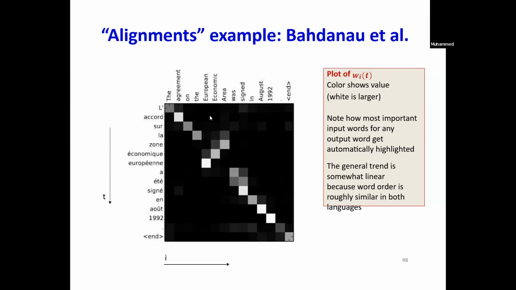It is mostly linear because the order of the words in the two sentences from the two languages is mostly relative.